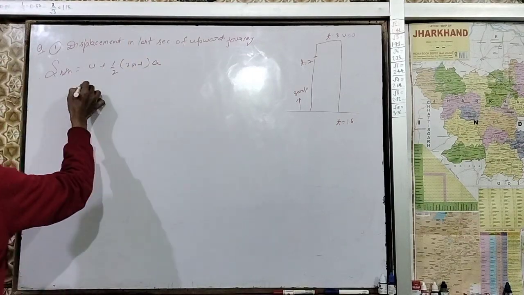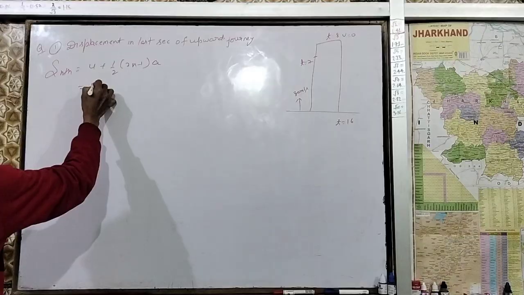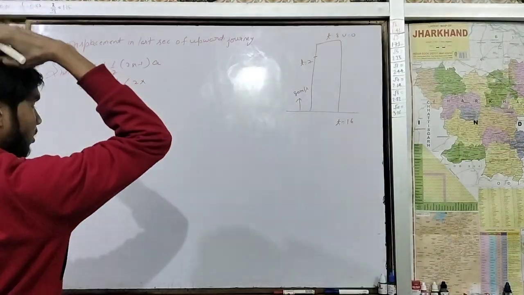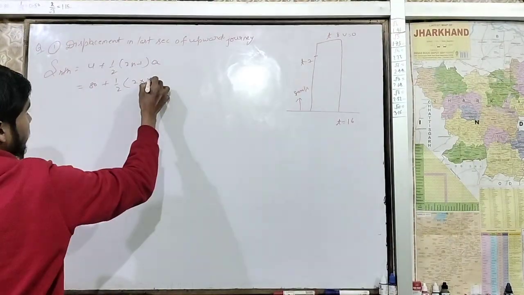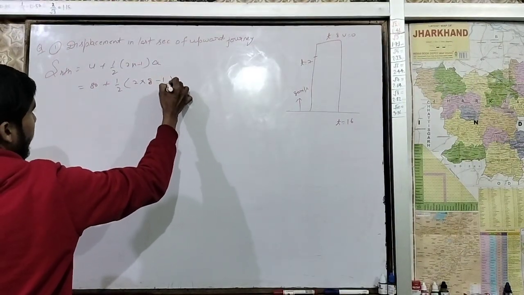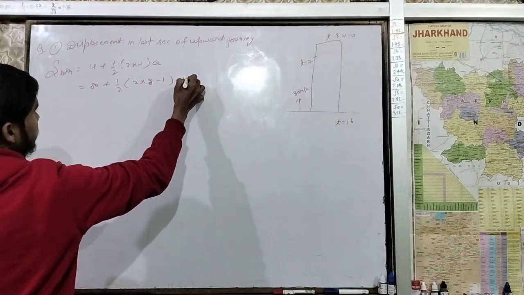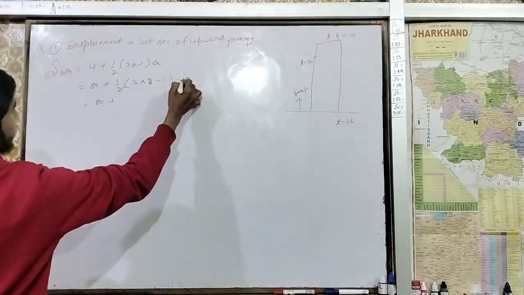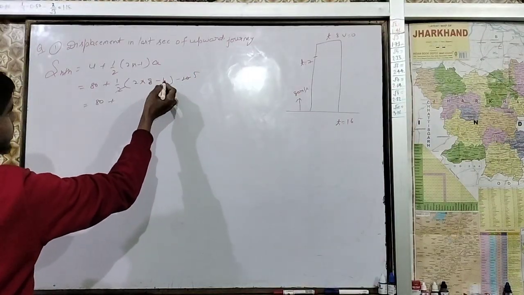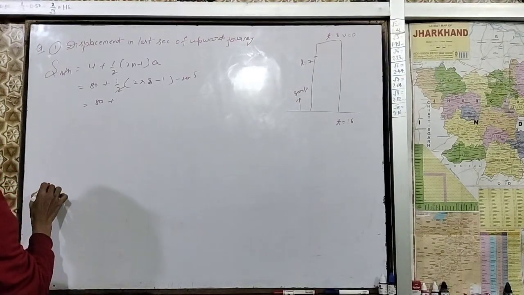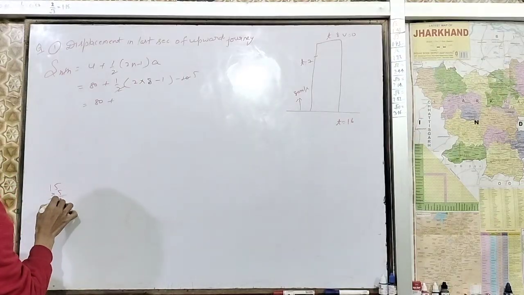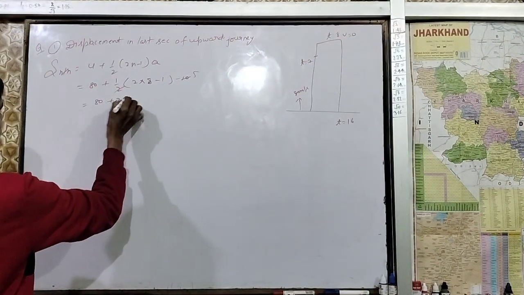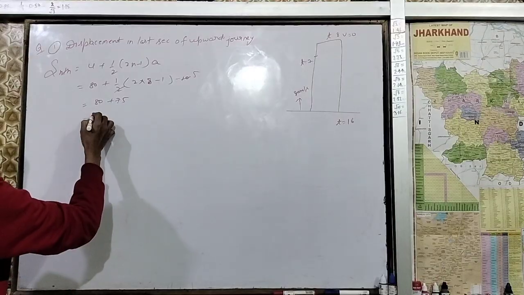Let's see what will happen. So u is the initial velocity 80, 1 by 2 multiplied by 2 times 8 minus 1, acceleration is minus 10. 2 5s are 10, and here 8 to the 16, 15 5s are 75, so total would be 155.